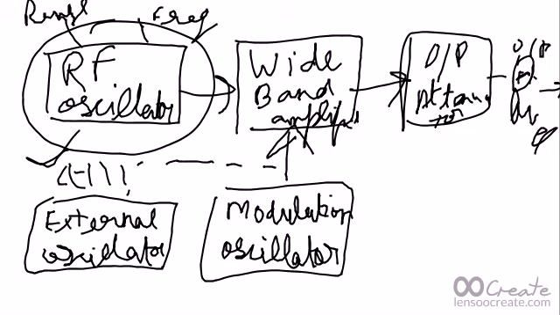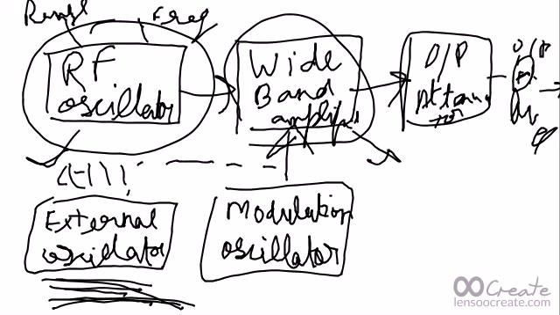So our amplitude modulation is done by an internal or an external fixed frequency oscillator. So modulation is done in the output amplifier circuit, or you can say wideband amplifier. Modulation is done in the wideband amplifier using an external or internal fixed frequency circuit.